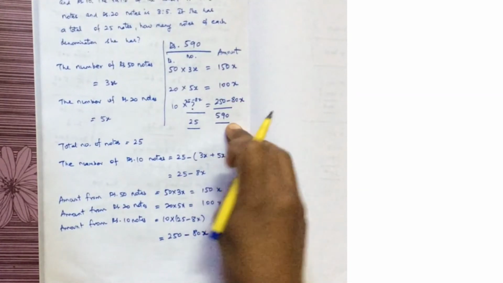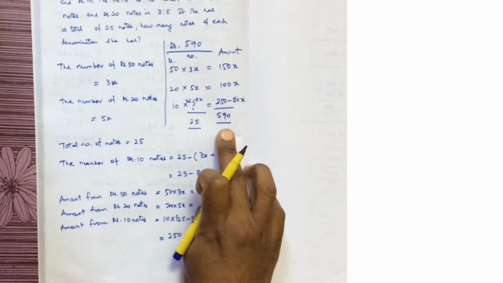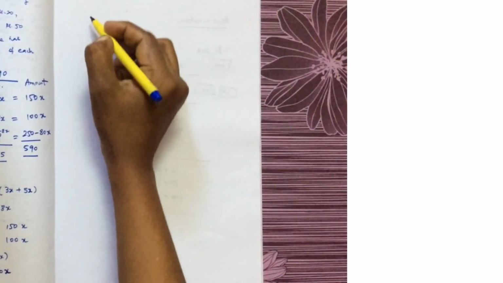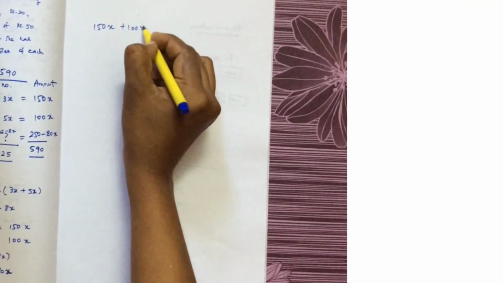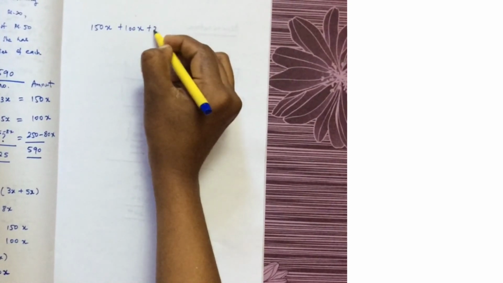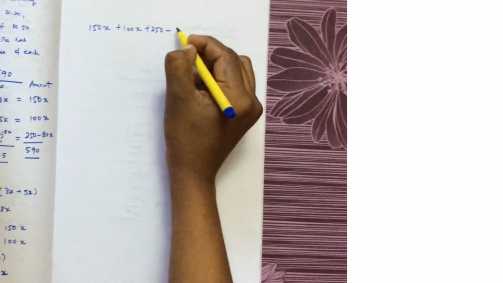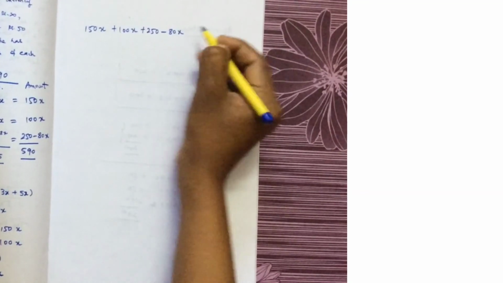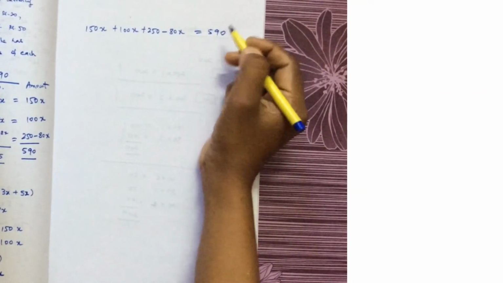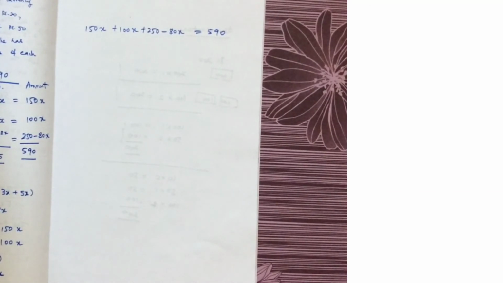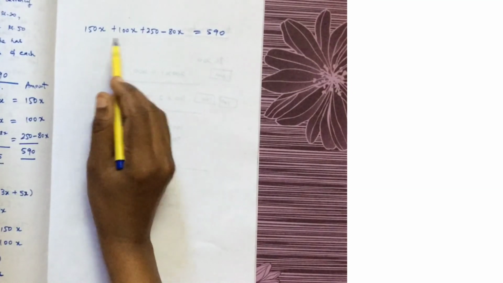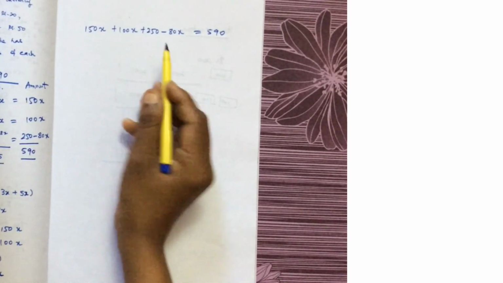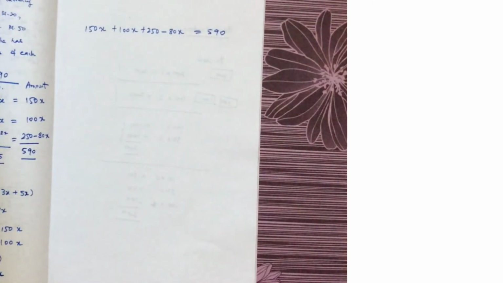Okay. Now if you add these three, you should get 590. That I am going to do now. 150x plus 100x plus 250 minus 80x is equal to 590. Now we have to simplify this. 150 plus 100 minus 80, these terms have x, so you keep them here.